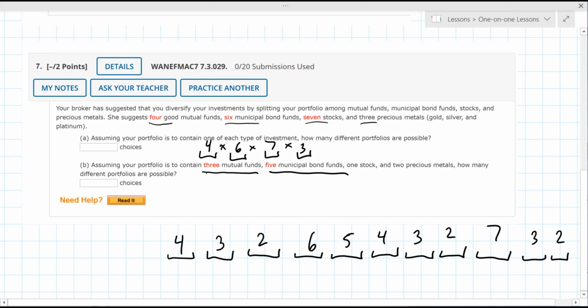To multiply all these together to get our number, there's a lot here, obviously. 4 times 3 times 2. All right, so I get 725,760.